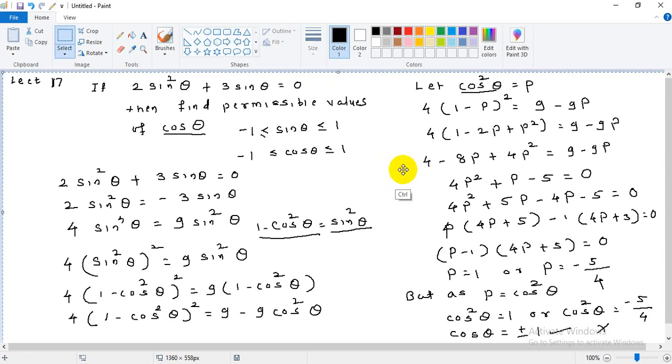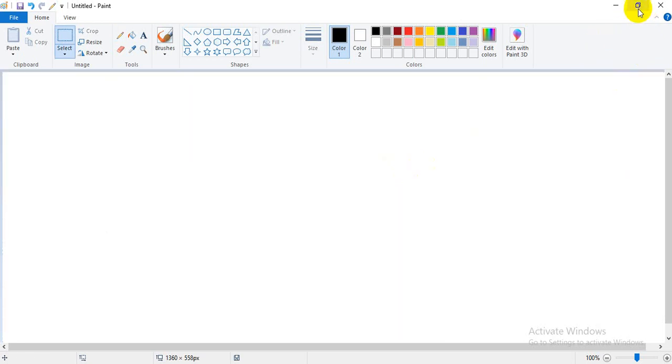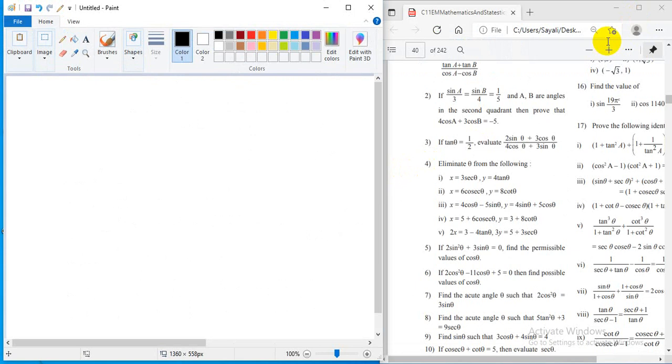Now we will go for some other problems. Okay. See now, what is the next problem? This was the fifth problem that we did. We will try now the sixth problem from exercise 2.2. Now what is it?